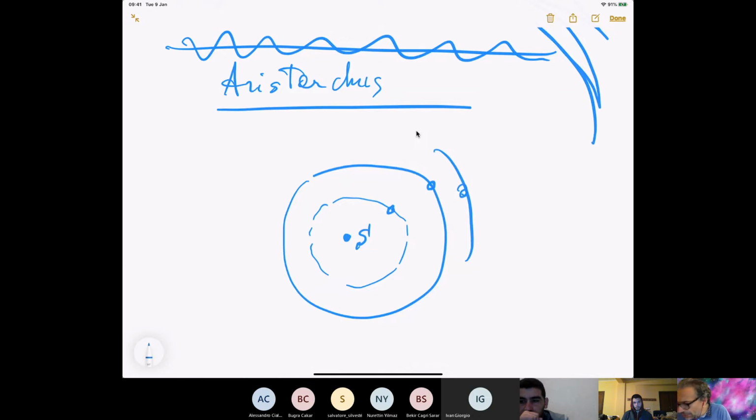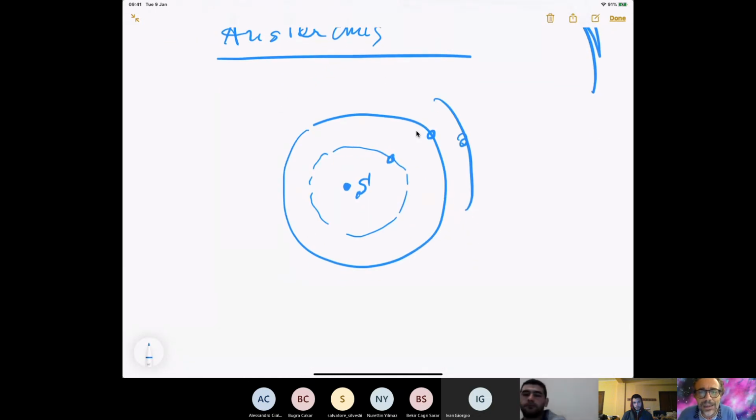He conjectured a certain order of the planets and then said the Earth is revolving around its axis. So for making things more complicated, we have that the Earth is a sphere turning around itself. So somebody among you could say, you did assume that the position of the Earth is given by only where its barycenter is.